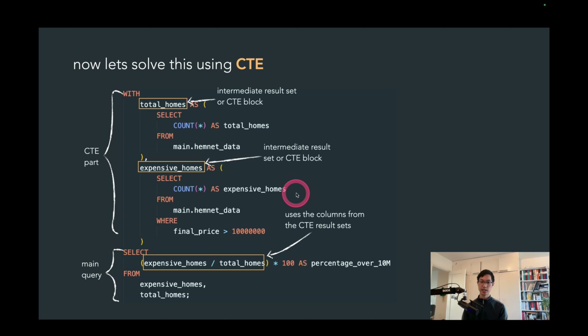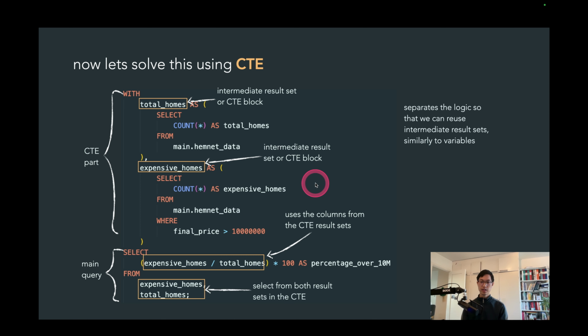It's just as basic as this. So this is selecting from both result sets in the CTE. Here we have separated the logic so that we can reuse intermediate result sets similarly to variables, right? We use total homes and expensive homes here in our main query.